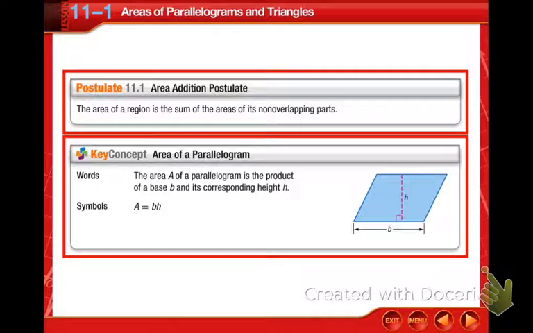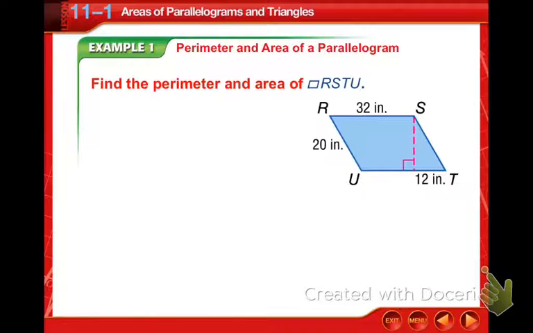So our area of a parallelogram is the same formula you would have for a rectangle, as long as you have the height that goes up from one base to the other base, and the base is just the bottom of the parallelogram. So base times height. So let's use that. We also want to find the perimeter here, so we're going to add the sides together. That's pretty easy when you have a parallelogram, because all you have to do is add up all the sides, and we have two of the sides, and parallelograms have opposite sides that are congruent.